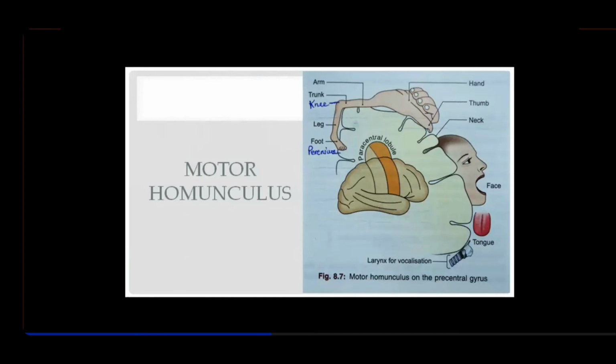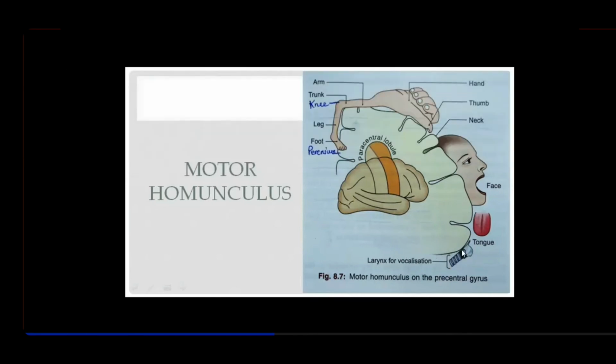Okay. Now, while giving electrical stimulus on these different portions, it was found out that the somatotopic representation of the body parts is inverted onto this precentral gyrus. Inverted means the region of your head and neck is placed on the inferior or ventral portion of this precentral gyrus.